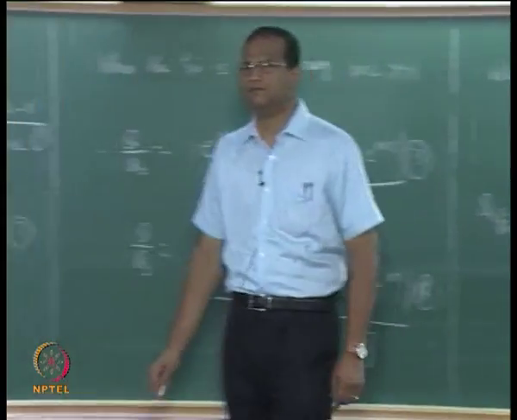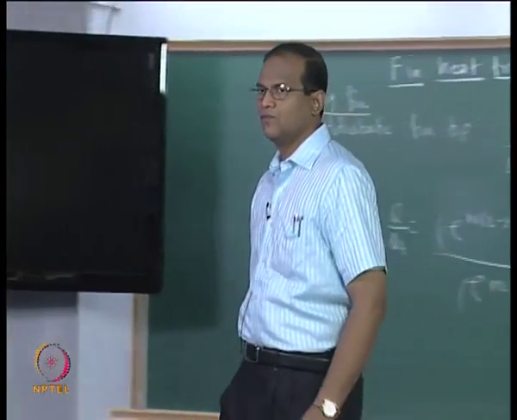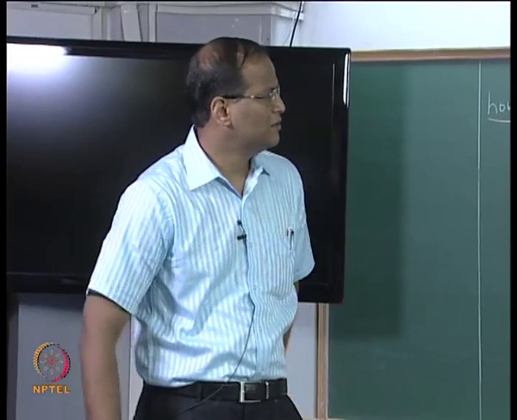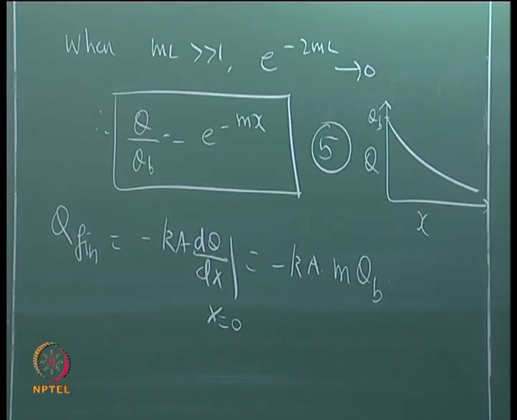Agreed. So e to the power of minus mx, derivative is minus m e to the power of minus mx, substitute x equal to 0. So this minus and minus will get cancelled, so we will get plus.